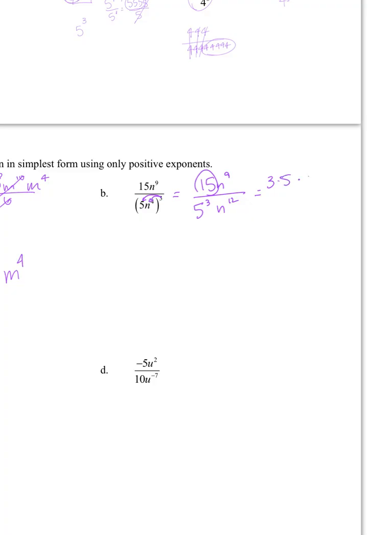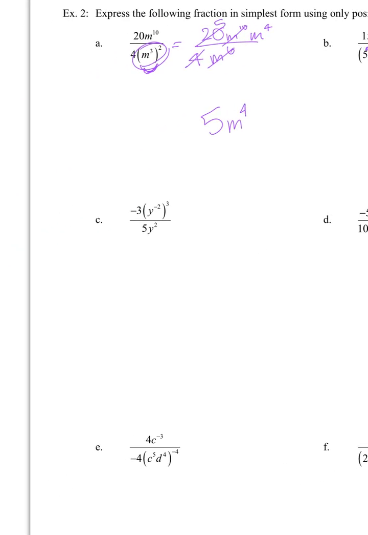And the only reason I'm doing that is so you can see how easy it is to cancel. So this 5 up top is going to cancel with one of these 5s down below, with 5 squared. And then 9 of these n's cancel out, which leaves me, grand total when I'm all done, a 3 on the top, and then a 5 squared and an n cubed on the bottom.